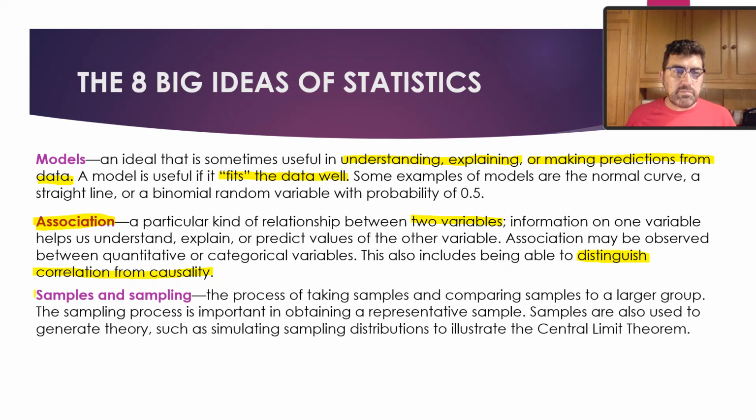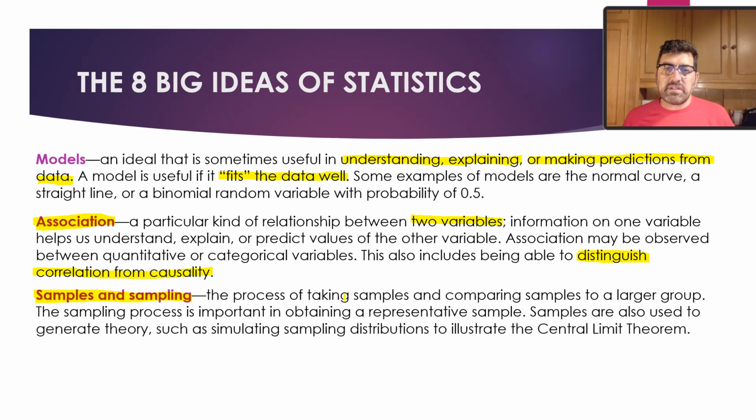Again, samples and sampling, the 7th big idea in statistics. If you want to make generalizations about a population under investigation, you need to make sure that your sampling method and your sample size are chosen in such a way that you can validate your claims about the population.